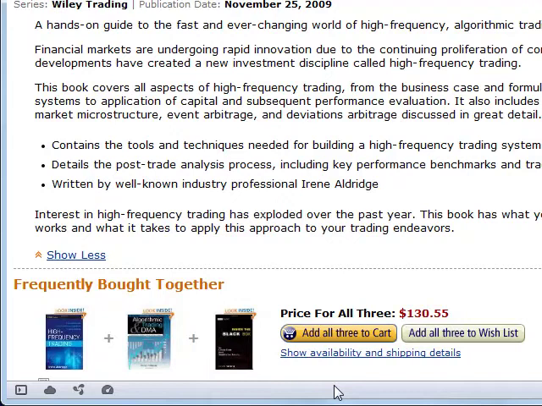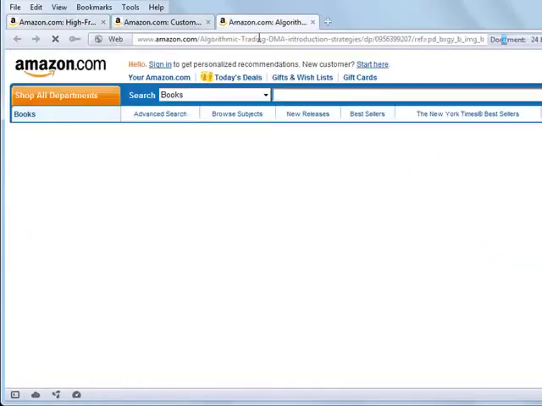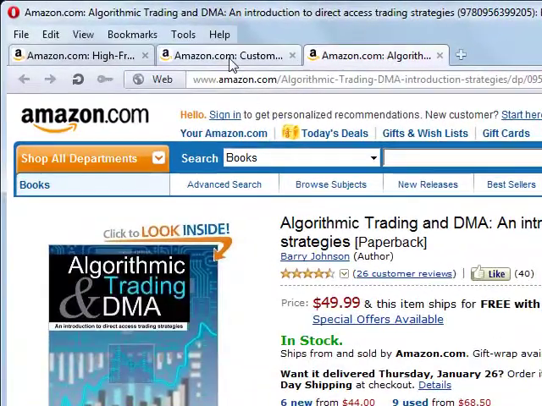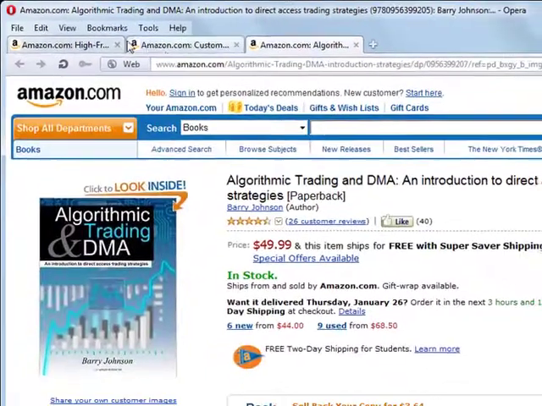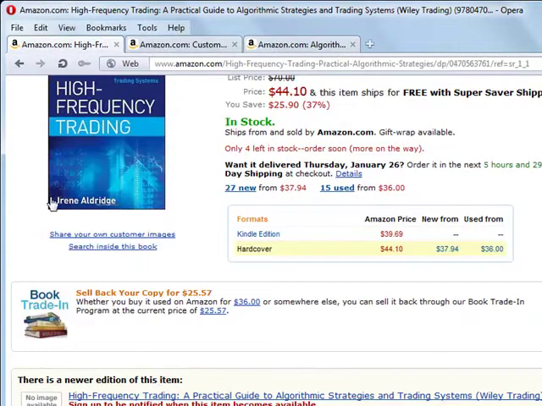It's similar to the algorithmic trading book by Barry Johnson, which is this one right here. I've already done a review. This one's really good. But back to Irene Aldridge's book.